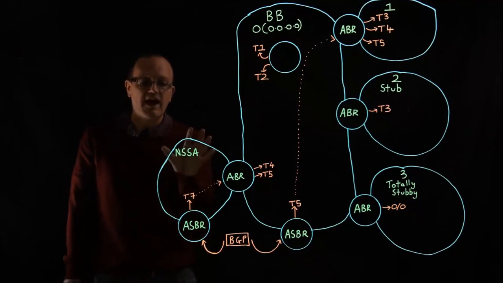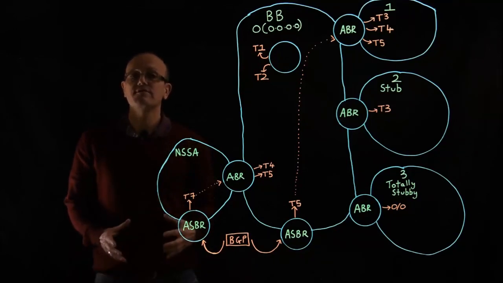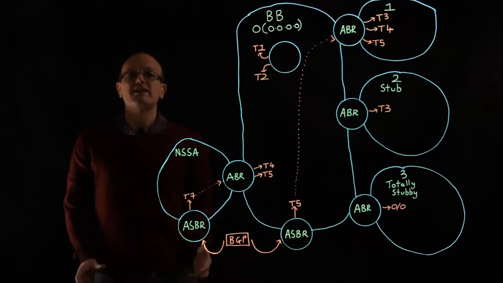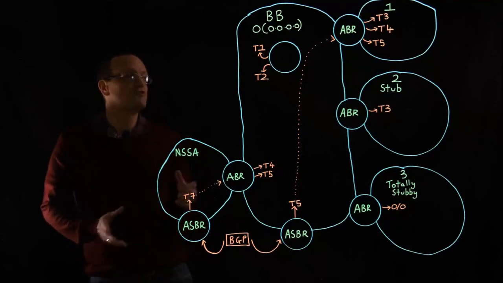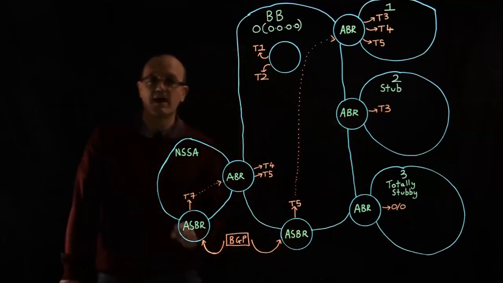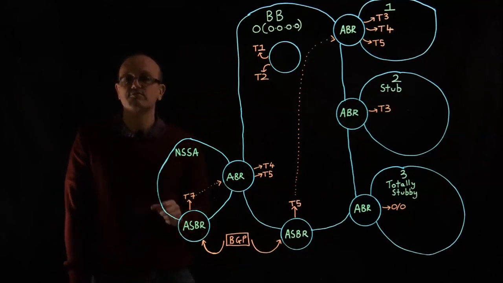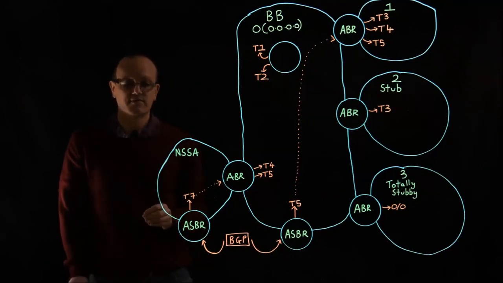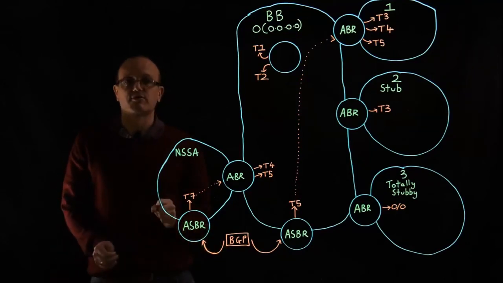And finally, there's another area that we need to talk about. That's the NSSA, the not so stubby area. So this is an area where we need to reduce routing information that's flowing into it, much like a stub area. However, it has autonomous system border routers interconnected to it. It's receiving routing information from an external routing protocol.